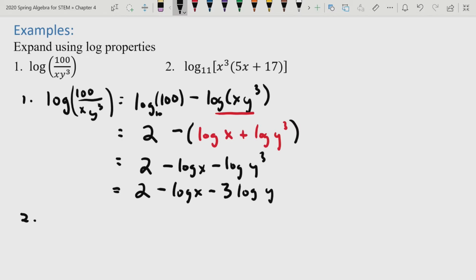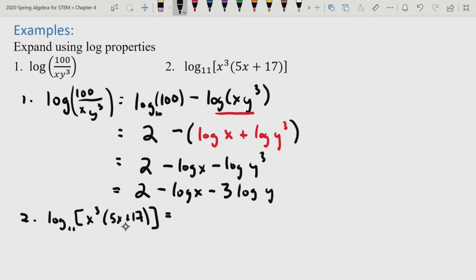Part 2, we have the log base 11 of x to the third times 5x plus 17. These brackets are just nested parentheses, so you don't get confused. To expand this, we look at the biggest thing that's happening here. The biggest thing is this multiplication, x to the third times this whole thing.